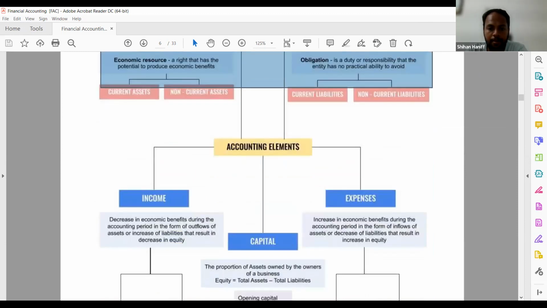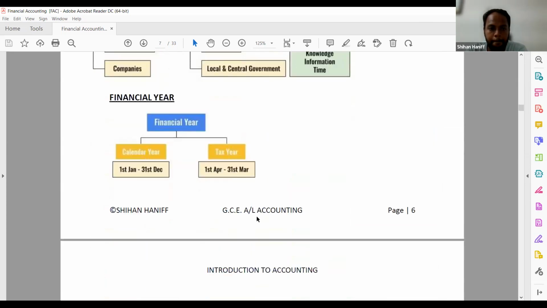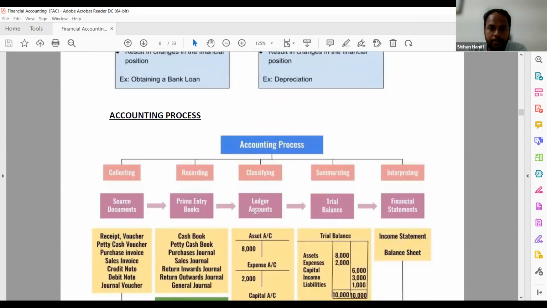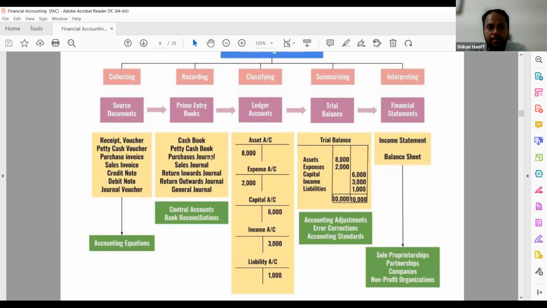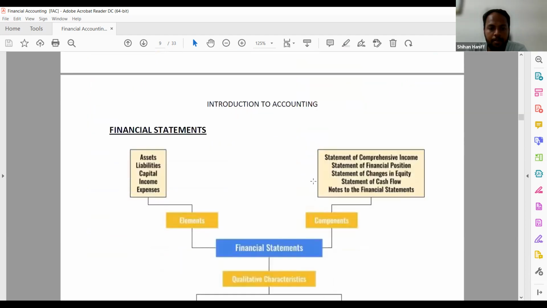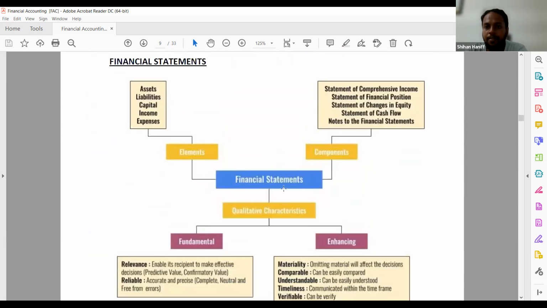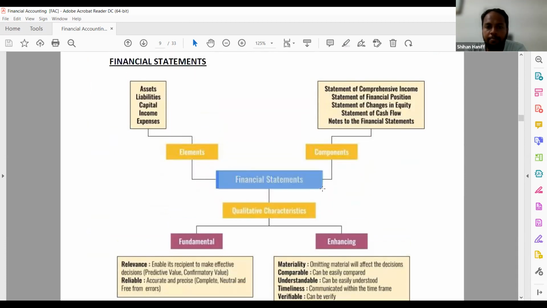Right. Now let's move to the accounting process: collecting, recording, classifying, summarizing, interpreting. Right. The financial statement. This is also another area where we get a lot of questions. Every year there is a question from financial statements.